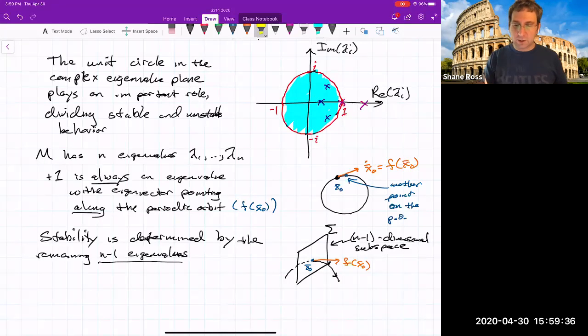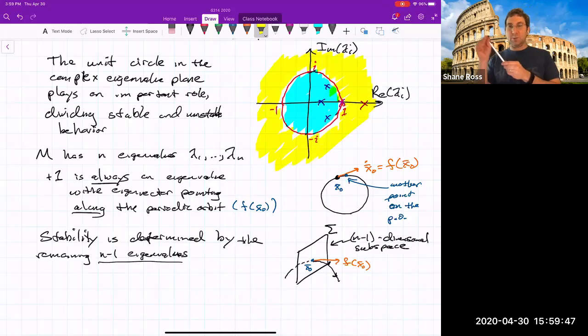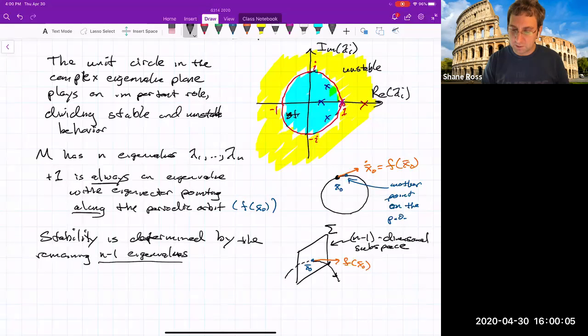If outside the unit circle, even if it's on the left half plane or right half plane, doesn't matter. If an eigenvalue is out here, that means those are directions where things will grow. And if you're exactly on the unit circle, that corresponds to directions where perturbations will keep the same magnitude. They might rotate, but they'll keep the same magnitude. So we could say outside corresponds to unstable directions, inside corresponds to stable.